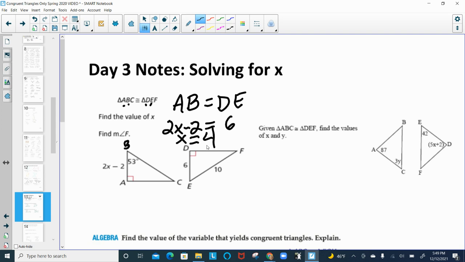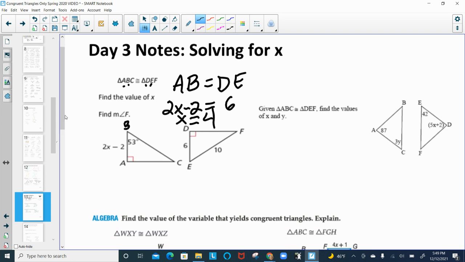The one on the right is significantly more difficult. The one nice thing about it is that they have told you triangle ABC is congruent to triangle DEF. However, it's more difficult because they're asking us to solve for two variables. So the first thing I do is I look for those variables.